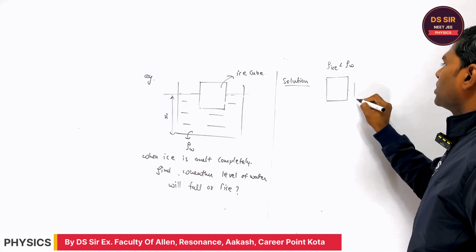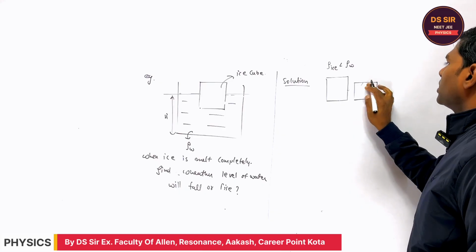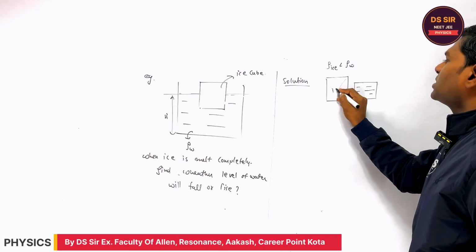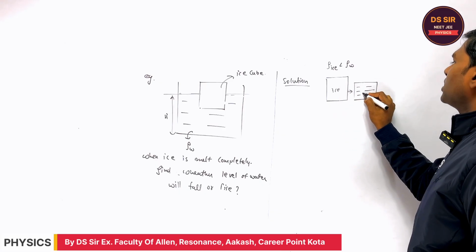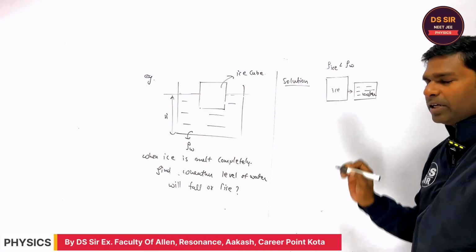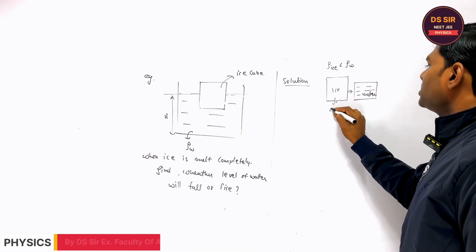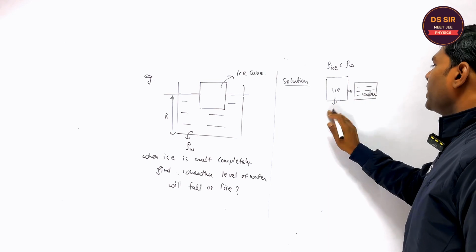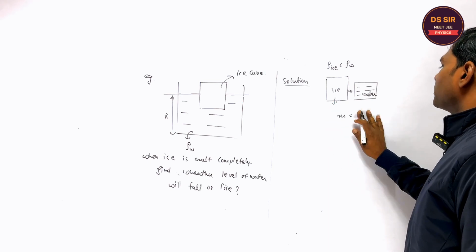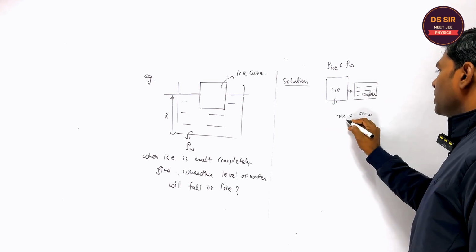It decreases. All right. Now this is the ice, and from the same ice, this is the water formed. Are you getting or not? Such that the mass remains same. The mass of ice and the mass of water is same. Is it clear or not?